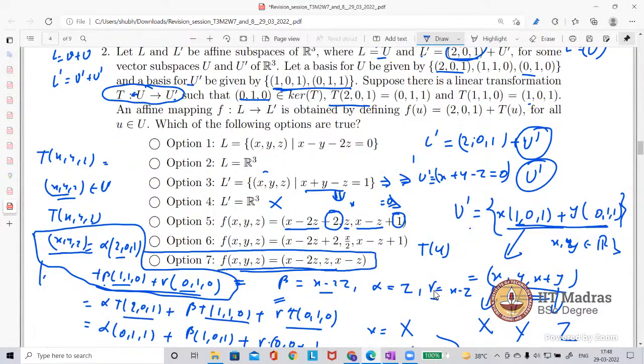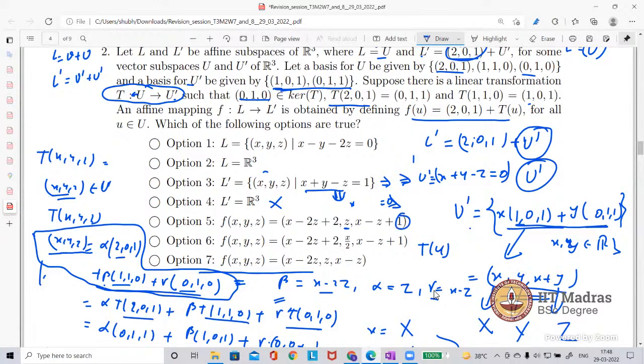It may be affine, but for this question it may not. Otherwise, there are some constants. Just remove those constants from those coordinates. That will give T, and if you are able to find T, directly check that option. That's all.